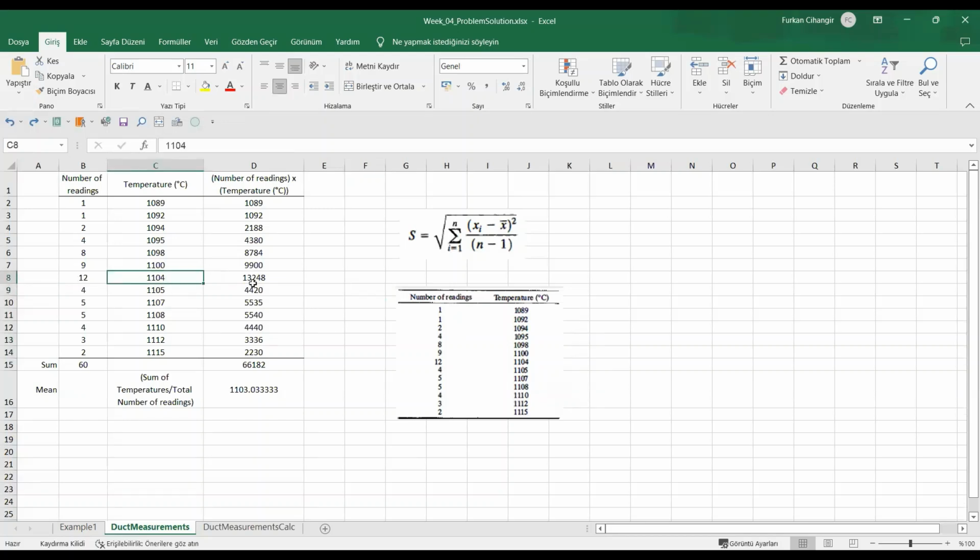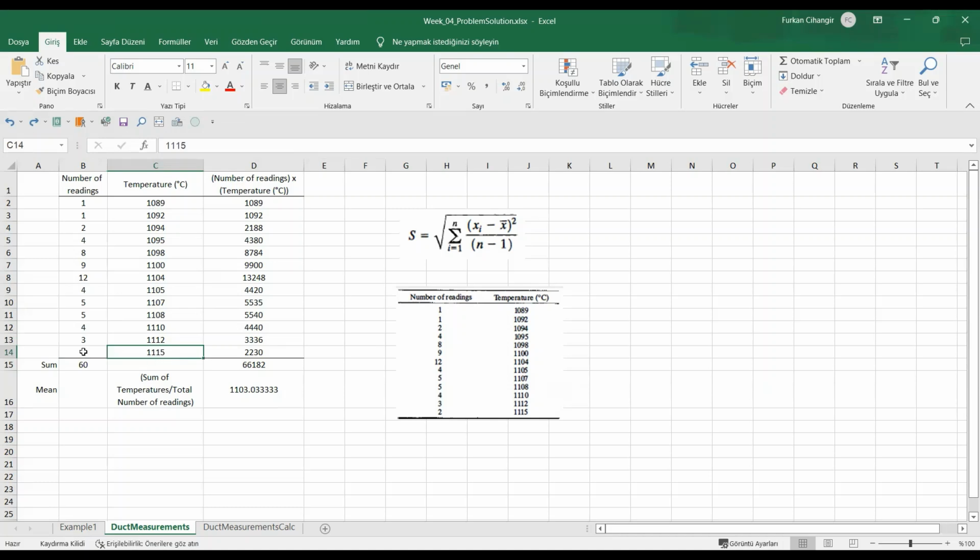this is the number of readings, right? Okay. So I made 60 measurements and 2 of them were 11, 15.